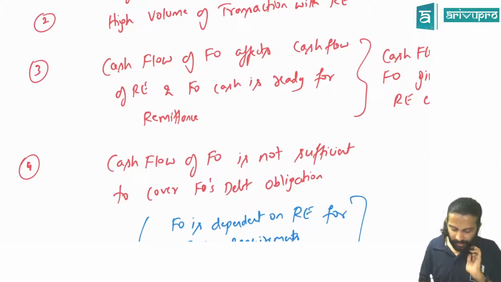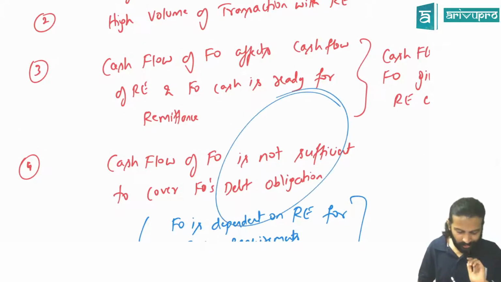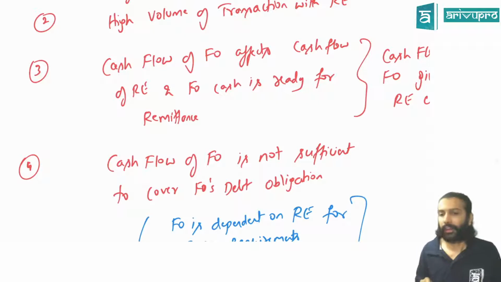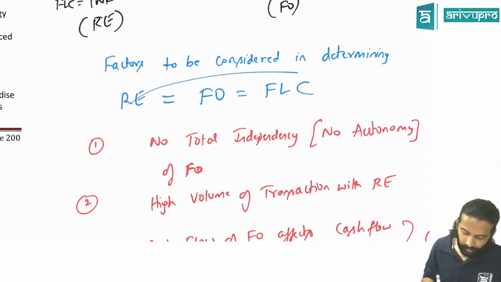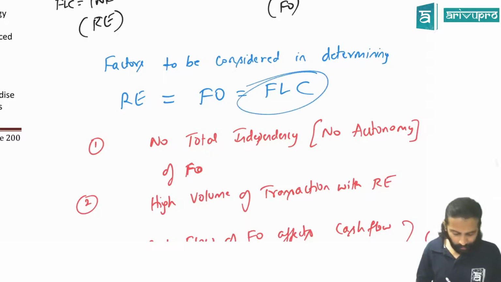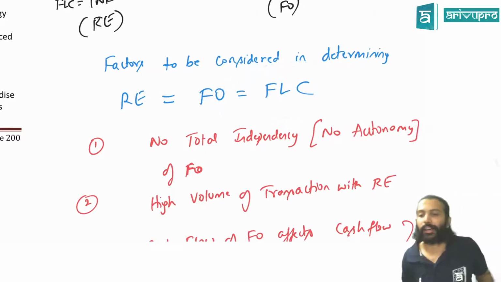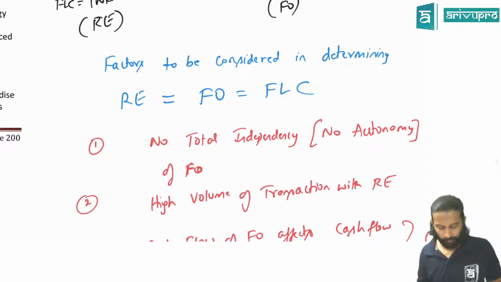If this is there, we used to call this an integral foreign operation in CA Inter. And if it is an integral operation, then we could say reporting entity and foreign operation have the same functional currency.